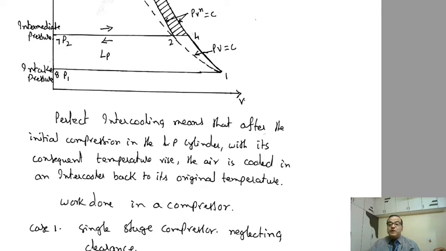When it passes through the intercooler, the inlet to the second cylinder is the outlet of the intercooler. So we need to cool the air back to T1. So the inlet air temperature for the second cylinder is basically at T1 itself. If that happens, that is what we call perfect intercooling.